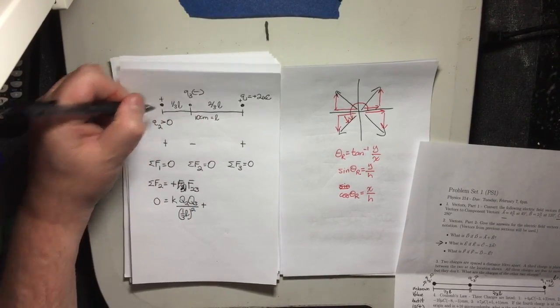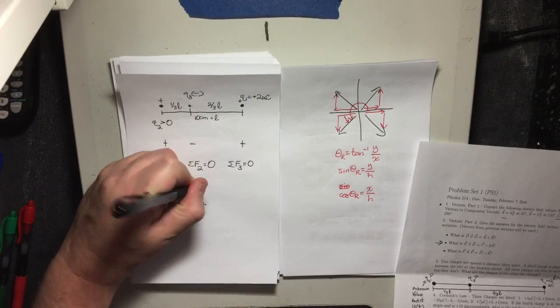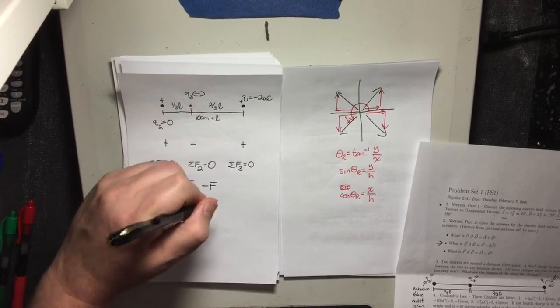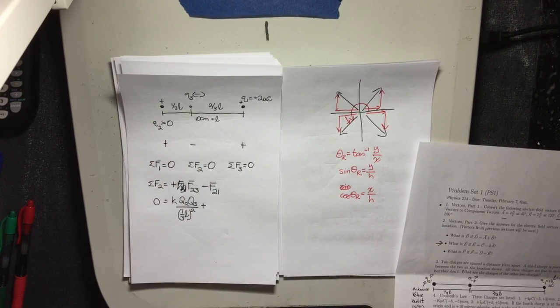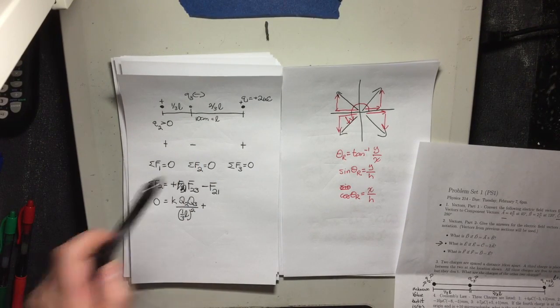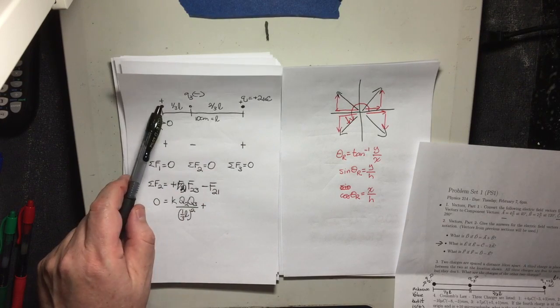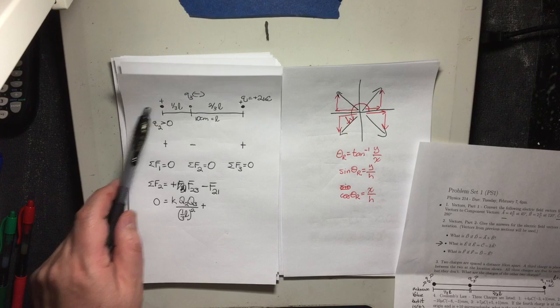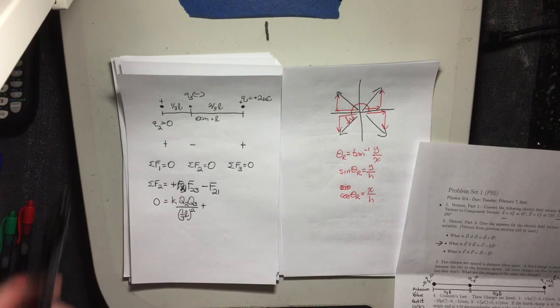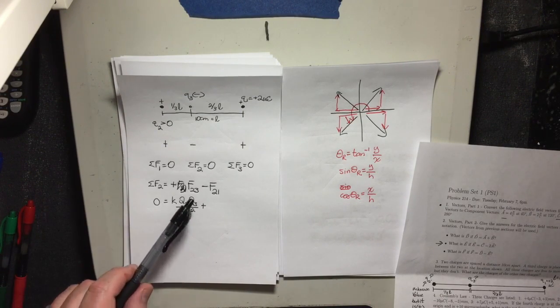And then you have positive, positive, which makes it negative force on 2 by 1. The negative is determined by logic. You know that that's positive, so the force is pushing to the left. It's negative, and so that has to work.